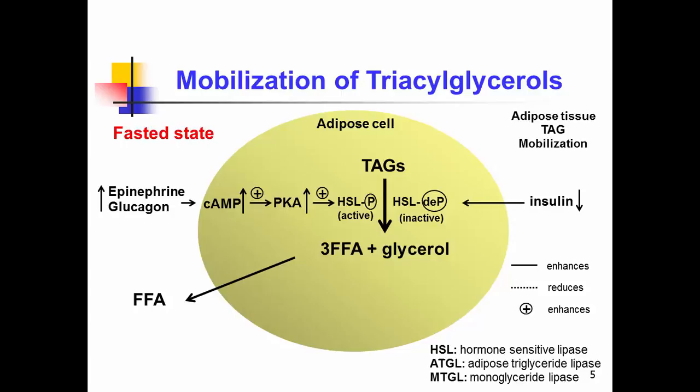So if insulin levels are low, that also makes HSL activity high, right? So this hormone profile change promotes lipolysis, promotes triglyceride breakdown by stimulating HSL activity. Right? Does that make sense?